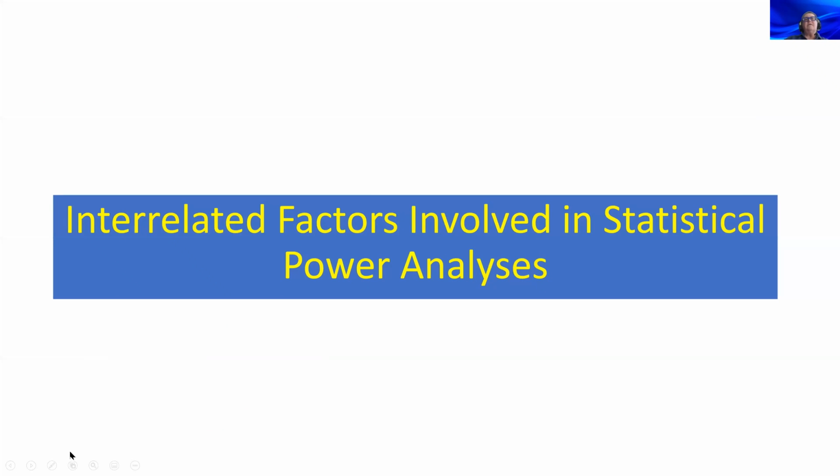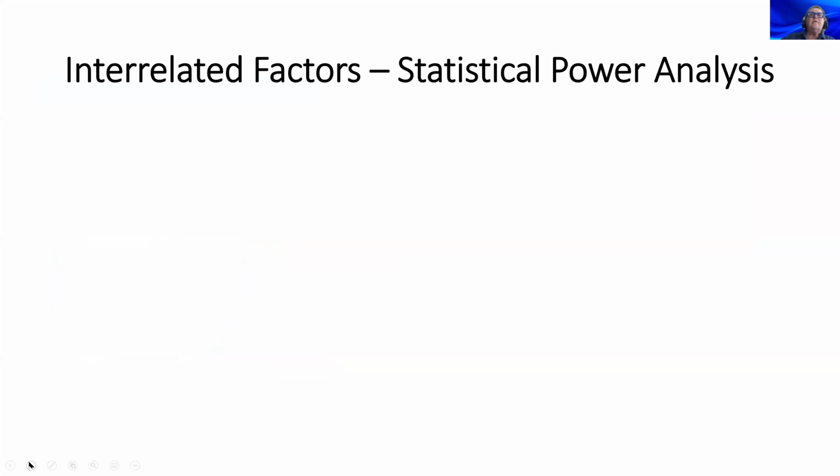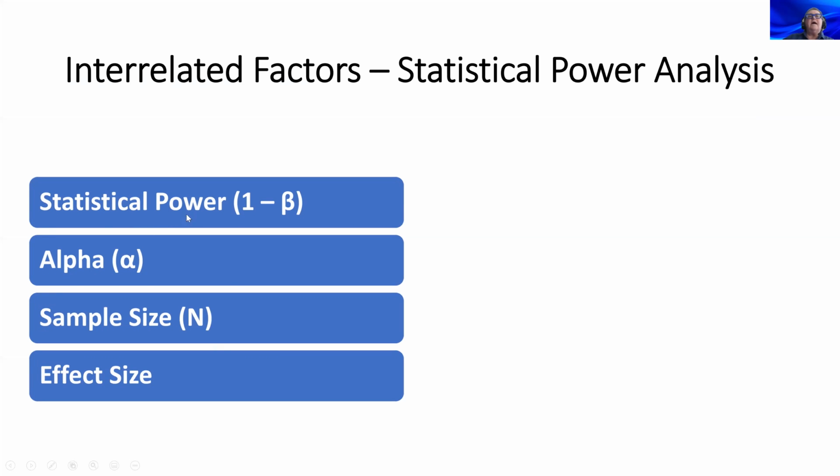Let's look at some interrelated factors that are involved in power analyses. We see statistical power, alpha, sample size, and some effect size index. We have two of these. We've held another one constant, and we can see what's happening in the relationship of the other variable between these four. So if we are interested in determining a priori power, we set the alpha.